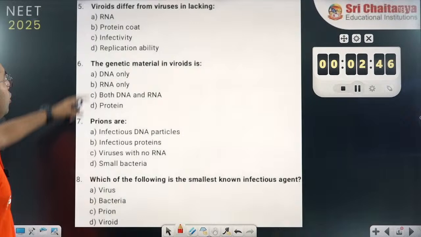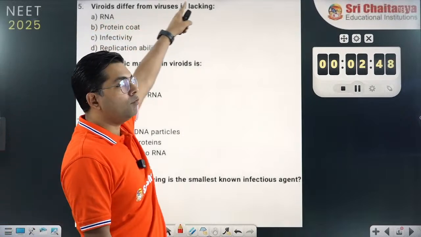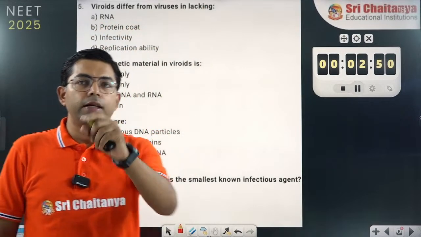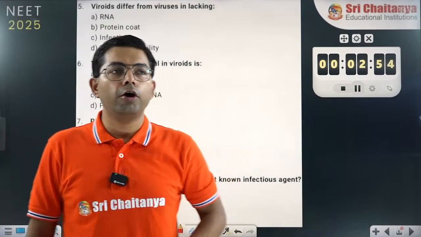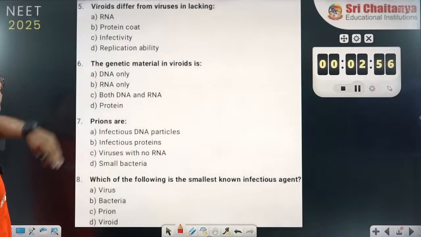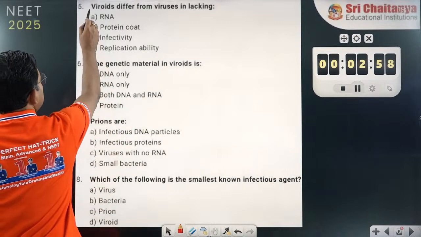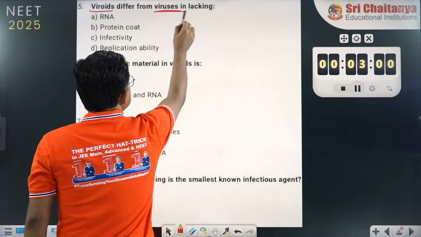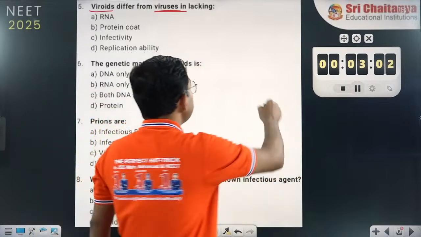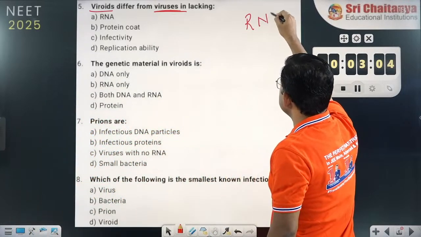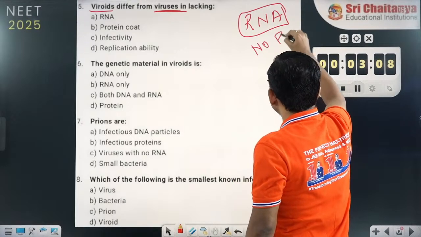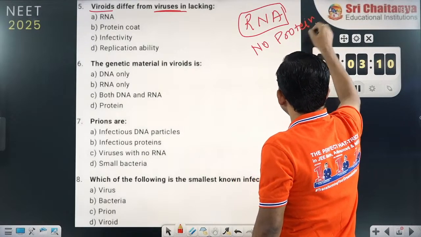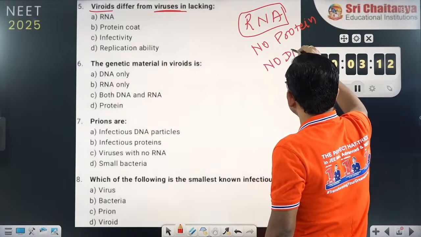Fifth question. Viroid differ from virus. We have seen one table in the last class where I differentiated virus and viroid. So tell me, what is the difference? What is viroid? Viroid is RNA, isn't it? Viroid is RNA and it has no protein. It has no DNA.